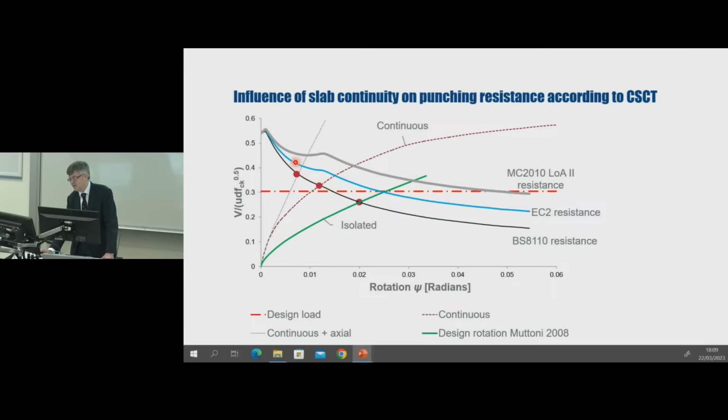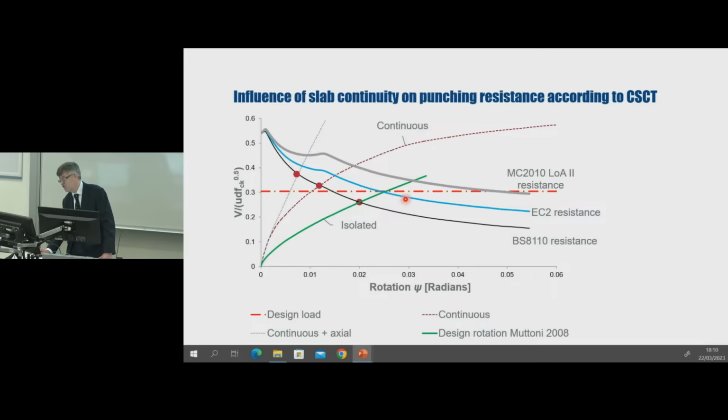So plotted in the graph are resistance curves. The resistance depends upon the amount of shear reinforcement provided and also the slab rotation. As the rotation increases, the critical shear crack gets wider, and consequently there's a reduction in shear resistance.